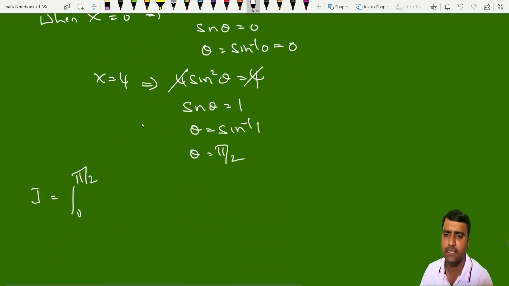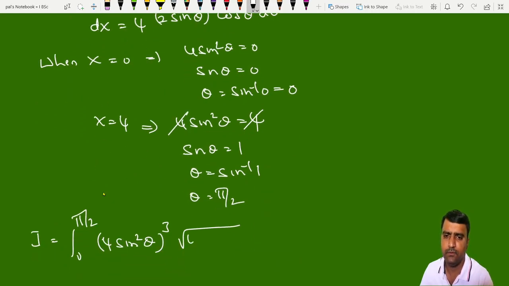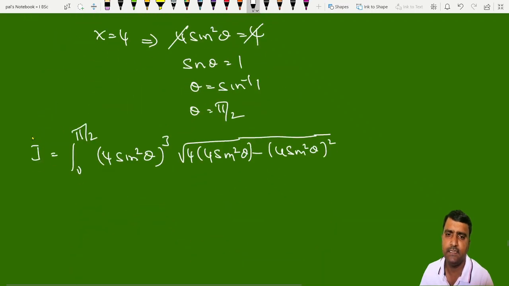X is 4 sin square theta, this whole cube, into square root of 4x minus x square. 4 into x is 4 sin square theta minus x square, that is 4 sin square theta whole square, into dx. Dx is 8 sin theta cos theta d theta.